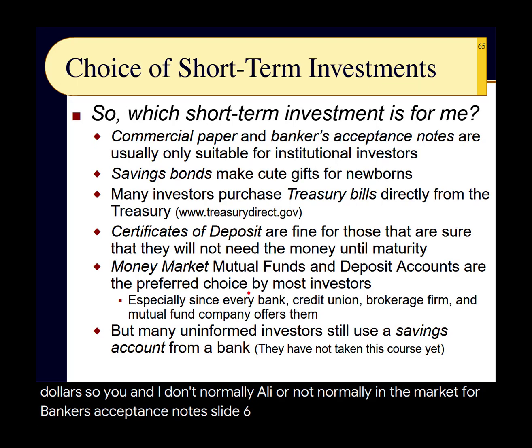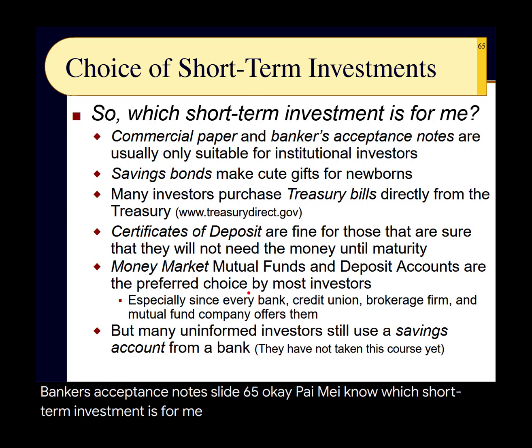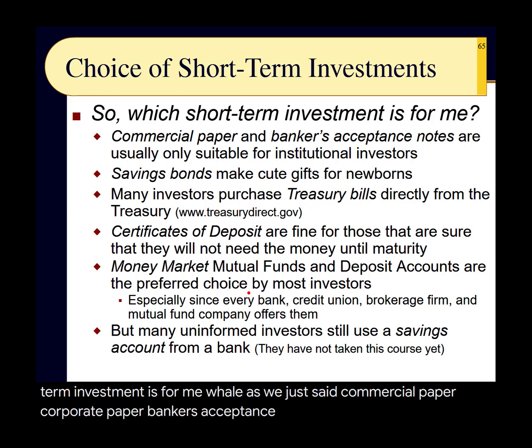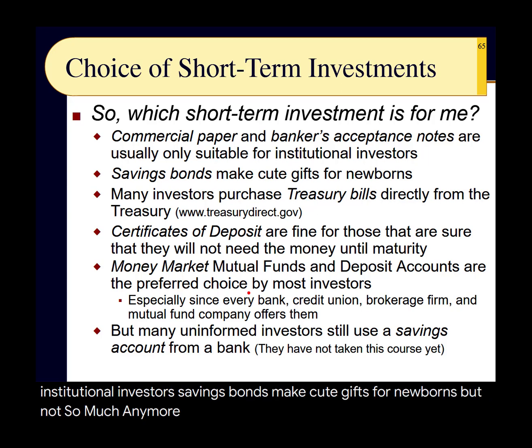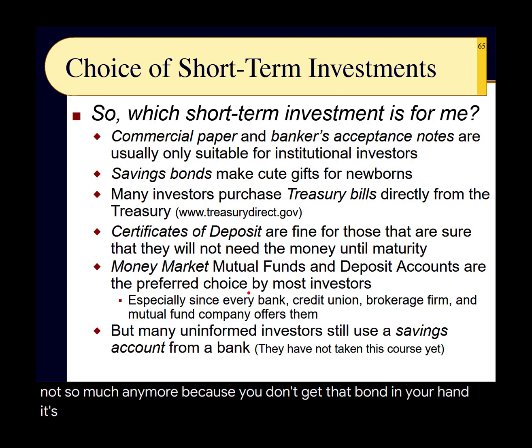Slide 65. Okay, Payano, which short-term investment is for me? Well, as we just said, commercial paper, corporate paper, bankers' acceptance notes are usually only suitable for institutional investors. Savings bonds make cute gifts for newborns, but not so much anymore because you don't get a bond in your hand. It's all electronic.